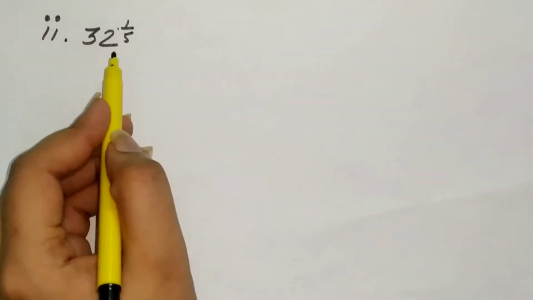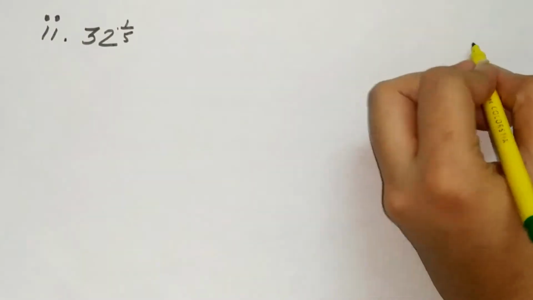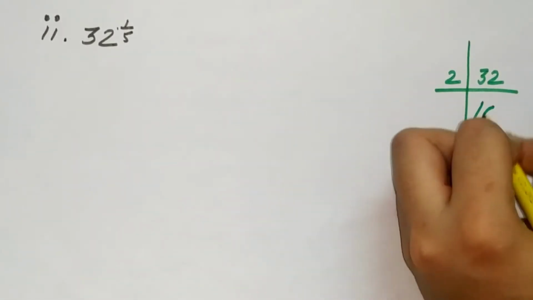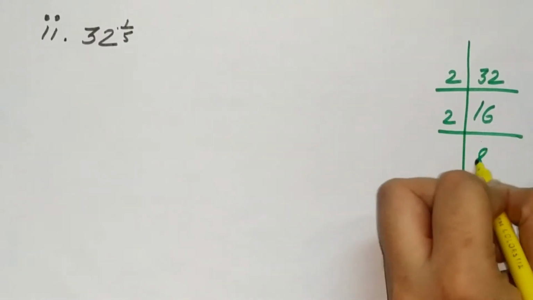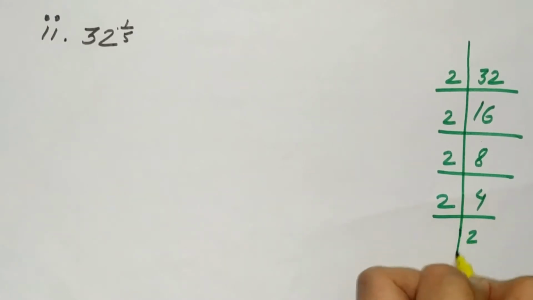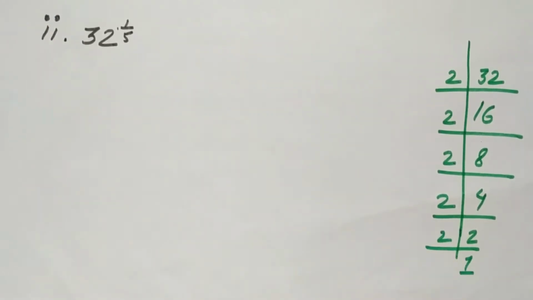Second part is 32 raised to the power 1 by 5. Again, find out the LCM of 32. 16 is divisible by 2, 8 is divisible by 2, 4 is divisible by 2, and so is 2.